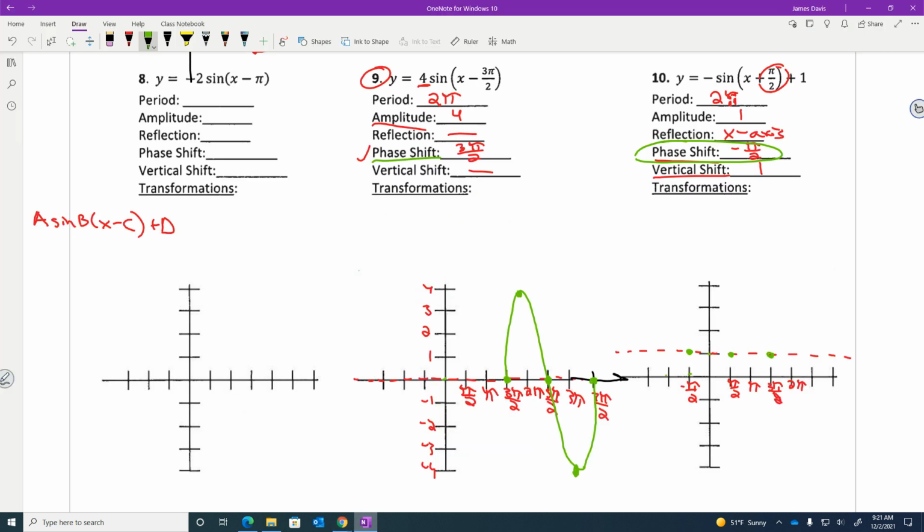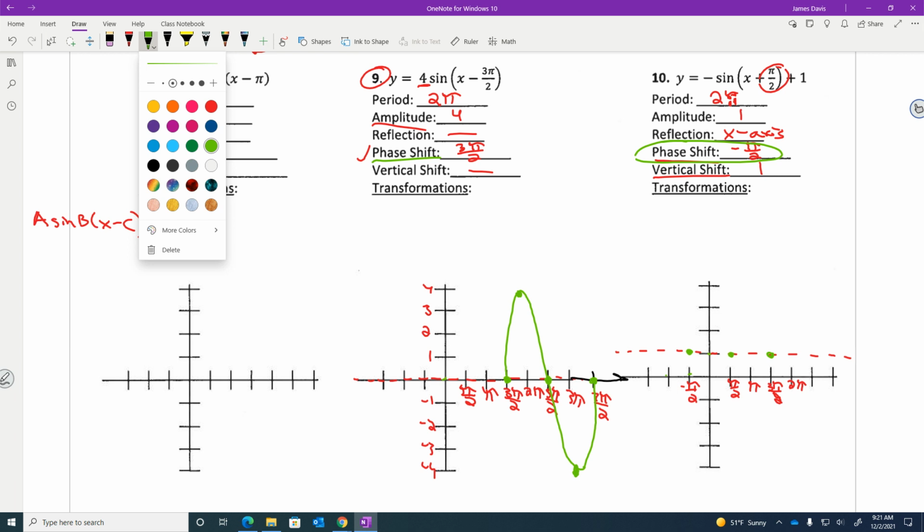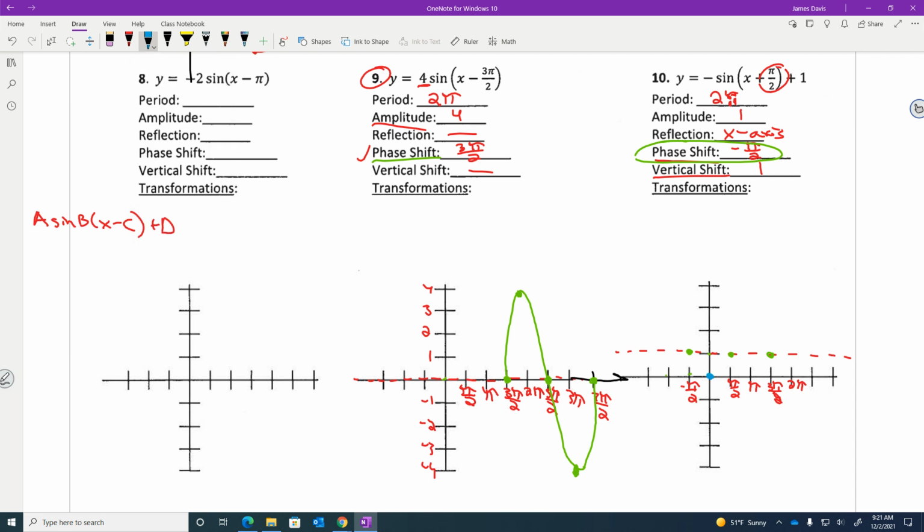So now instead of going up with an amplitude of 1 right here, we're going to go down with an amplitude of 1. Just changing the order again. Right. So we're going to go down here, and then this one's going to go up.